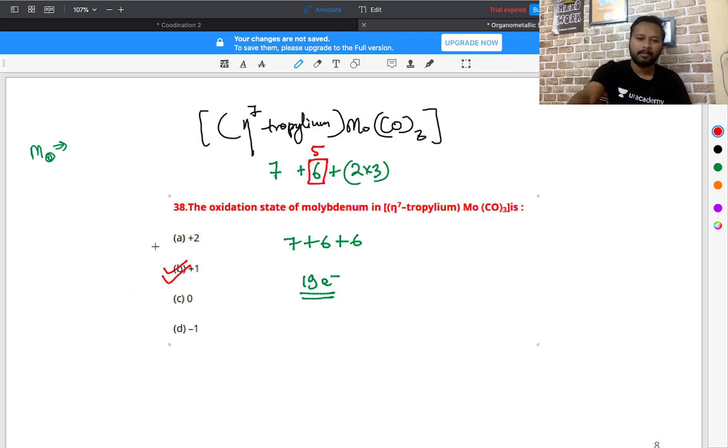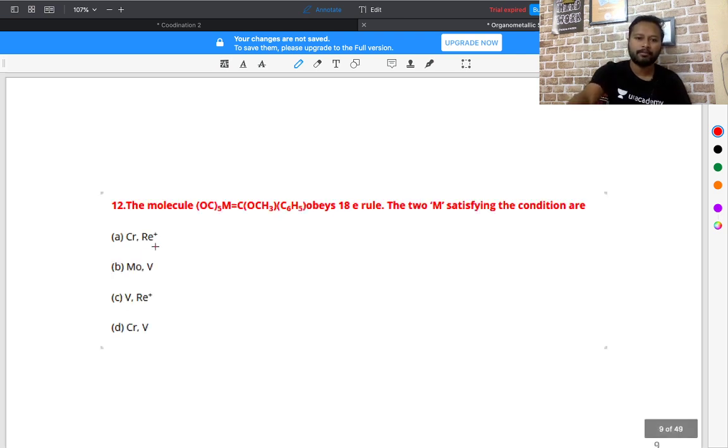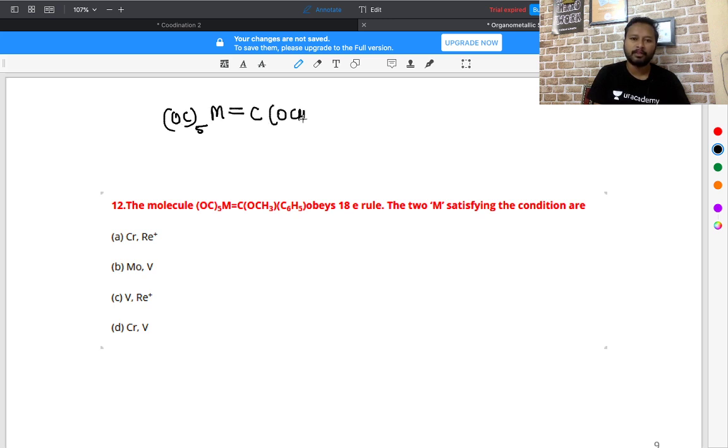Okay, alright. So let's talk about this question over here. It's also a good one. This is the molecule given to you. OC5 means nothing but CO. Then it is attached to the metal, then double bond, OCH3, then C6H5.